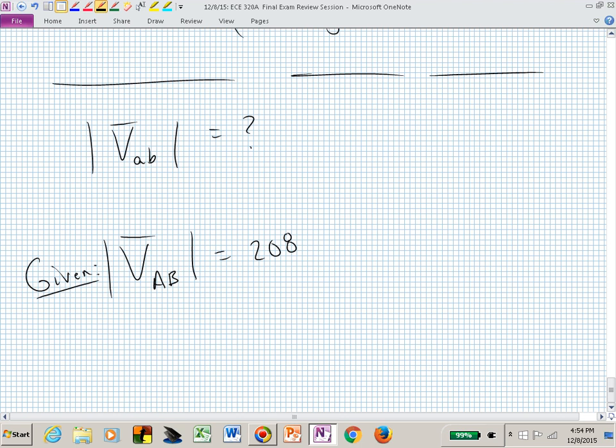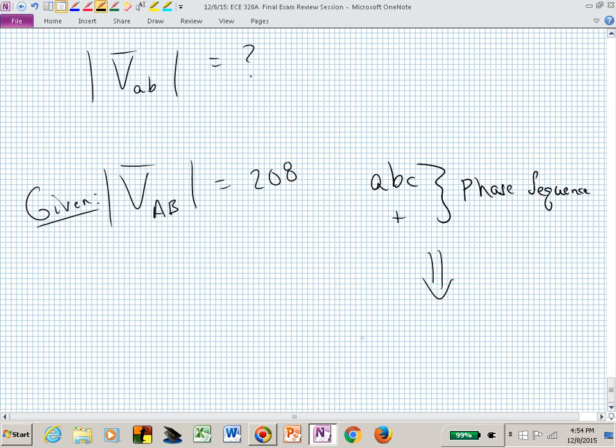If you said that you now have an ABC, or a positive phase sequence, this now tells you that V sub AB is equal to the square root of 3 at 30 degrees times V sub AN.